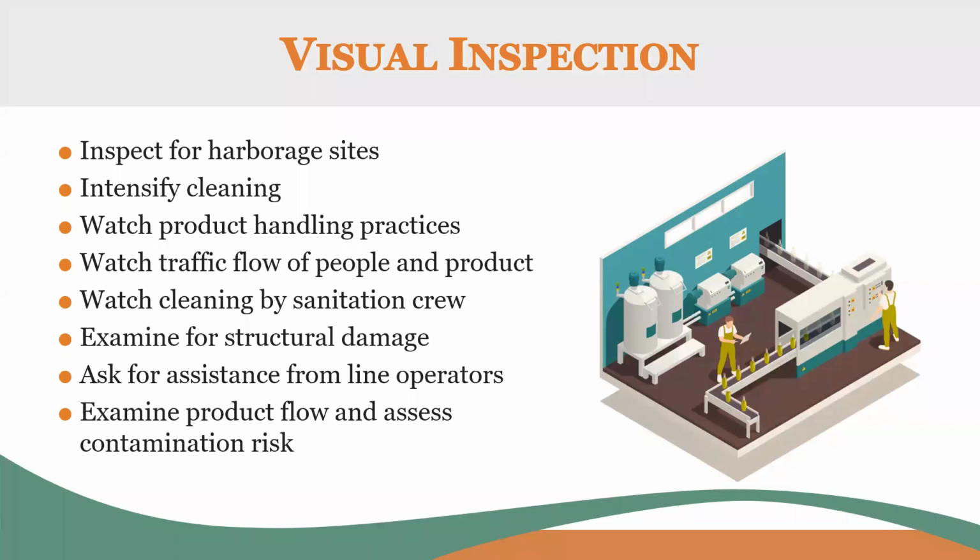You're going to watch traffic flow of people and product. You're going to watch cleaning by the sanitation crew. You're going to examine for any structural damages that might be in your facility. You're also going to want to ask assistance from your line operators to really understand the process that your product goes through each day. And then you'll also examine product flow and assess contamination risk.